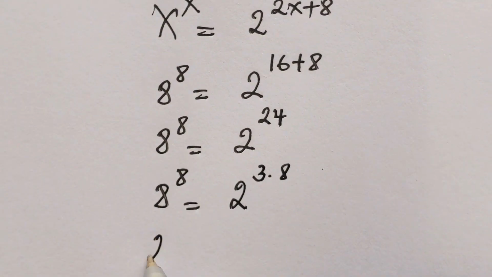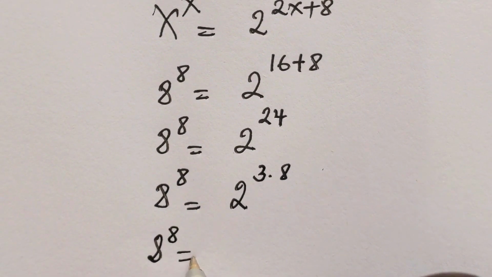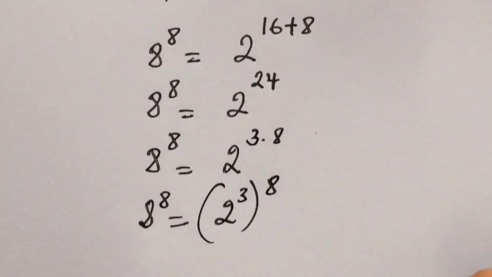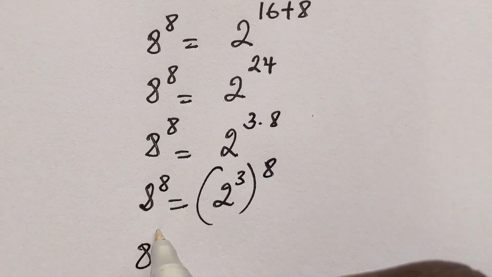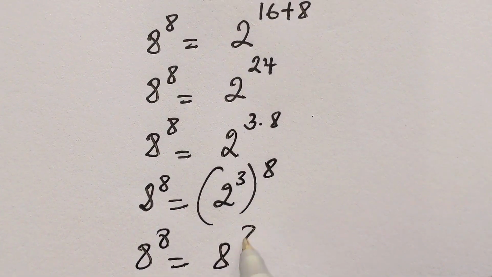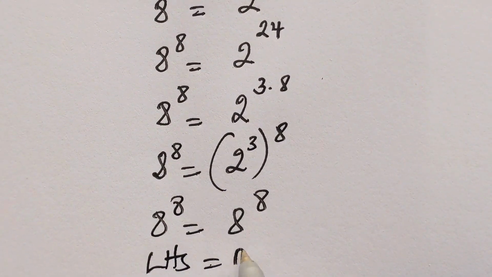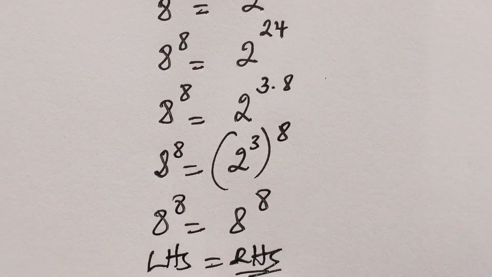At this stage you have 8 power 8 equals to 2 power 3, then power 8 here, so that here 8 power 8 equals to 8 power 8, and left hand side equals to right hand side.